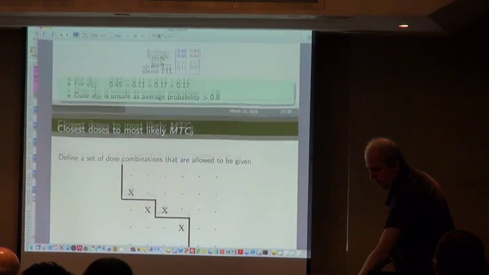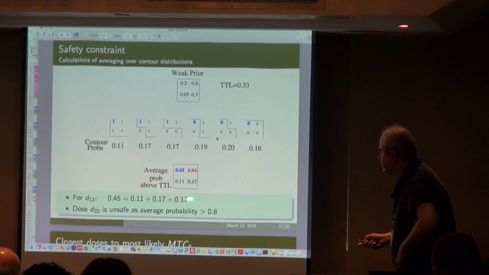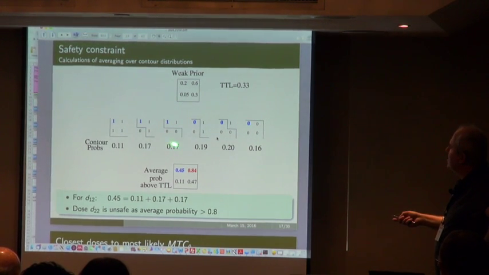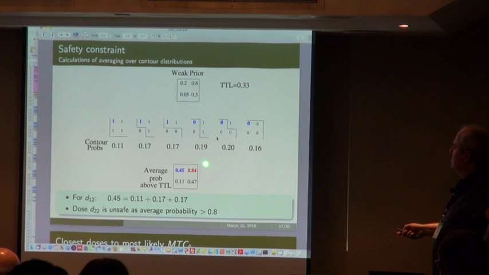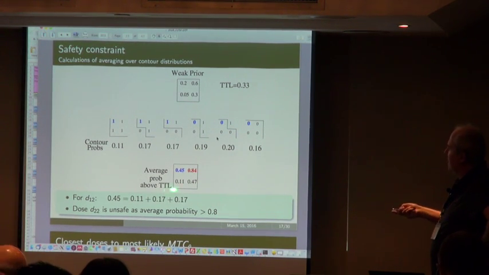And even from the start, if I did the top right corner, all those 5 are above the contour. These are the probabilities of the contours, and they all add up to 0.84. And we have a safety constraint that if any of these probabilities are above 0.8, we say it's unsafe.